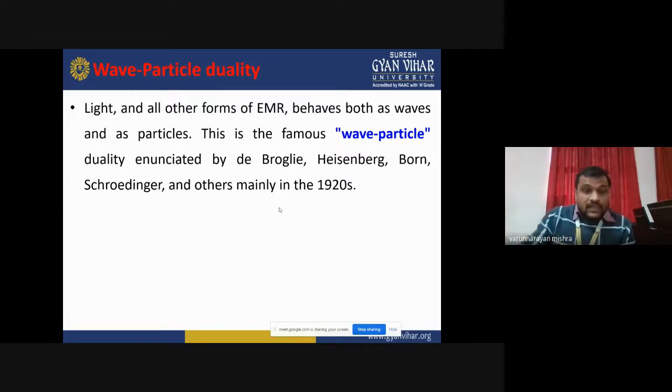Because of this duality, we use different properties of electromagnetic radiation in the remote sensing process, like polarization, reflection, and other processes.